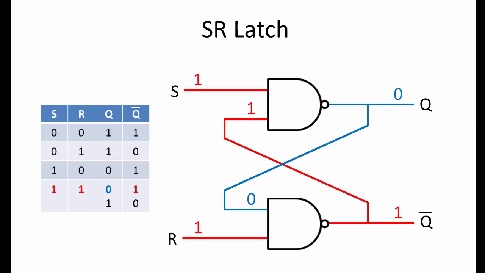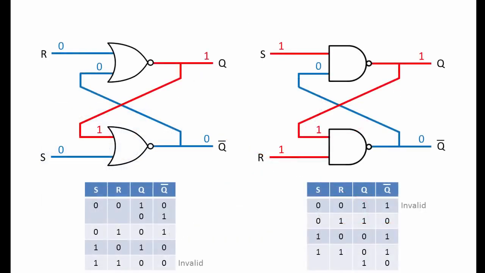An SR latch based on NAND gates also has a forbidden state, that is when both S and R are simultaneously 0. This would result in an illegal state in which both Q and its complement are 1. To summarise then, an SR latch can be built from NOR gates or from NAND gates.